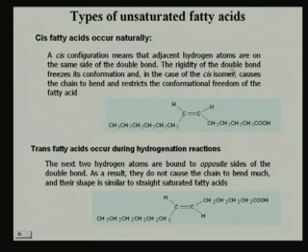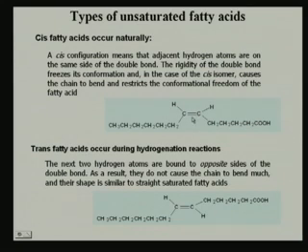The rigidity of the double bond freezes the conformation, and in the case of cis isomer it causes a chain to bend and restrict the conformational freedom of the fatty acid. That means in this type of configuration we can find a kink in this fatty acid chain where this double bond is present.